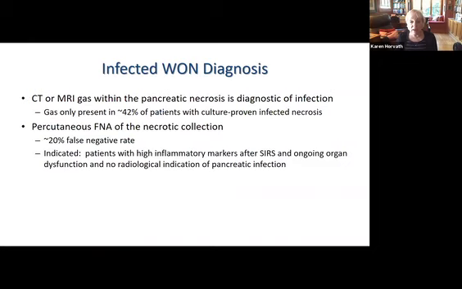If you see gas on your CT, it's basically diagnostic of infection. However, in 42% of patients with culture-proven infected necrosis, gas is present, and in the rest of them, it's not present. And so those patients really do benefit from a percutaneous fine needle aspirate of the necrotic collection.